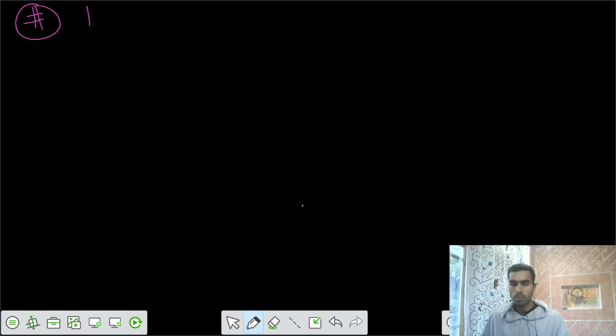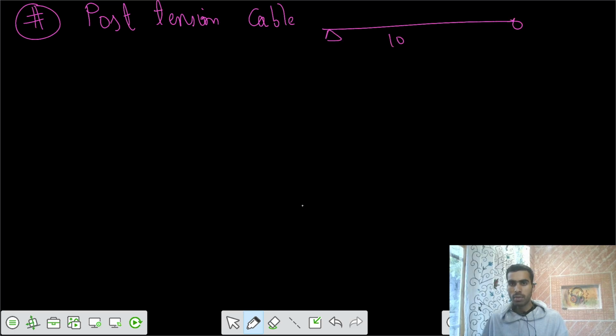So we have a post-tension cable, and we have a 10-meter beam, and your initial pre-stress in the cable is 1000 megapascal, and we are jacking one end.